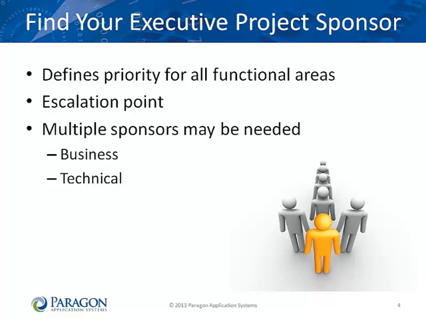The project sponsor can serve as your escalation point and can arbitrate in the event of conflicting priorities or resources between groups. Many large organizations find that they need two executive sponsors, one representing the business interests and one representing the technical side of the house.